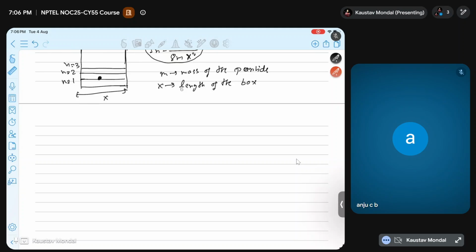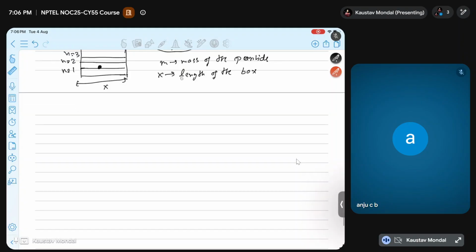So the lowest energy state would be n equal to 1.